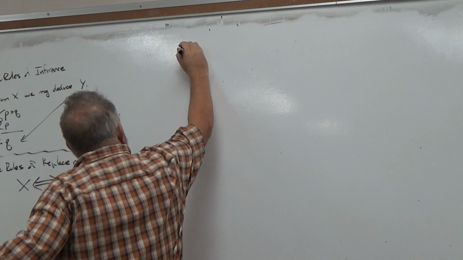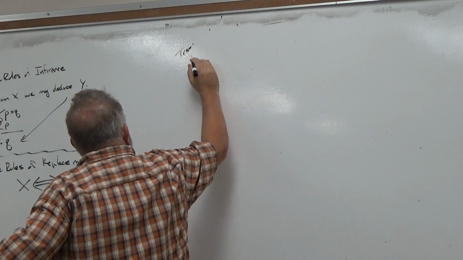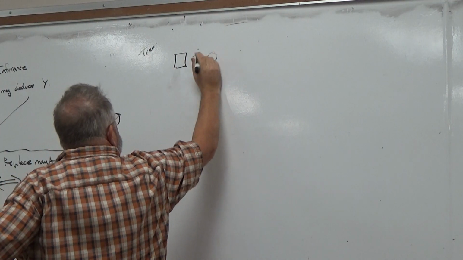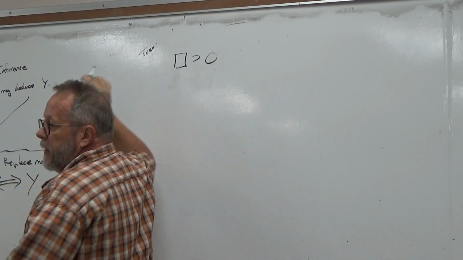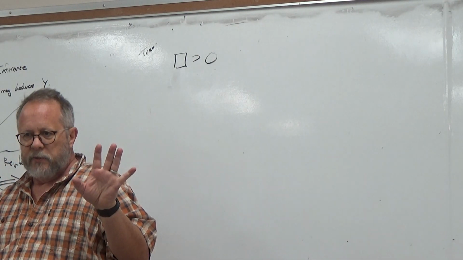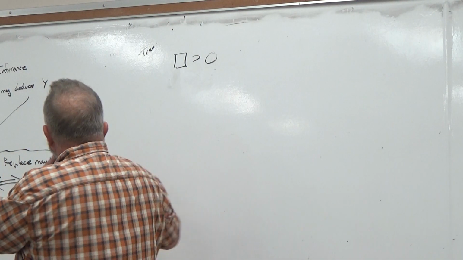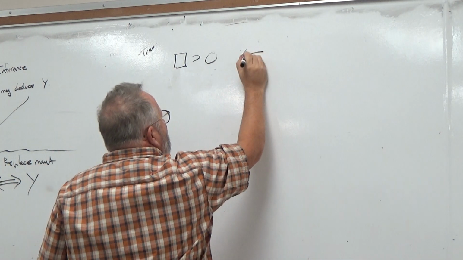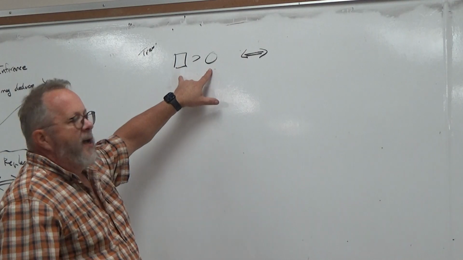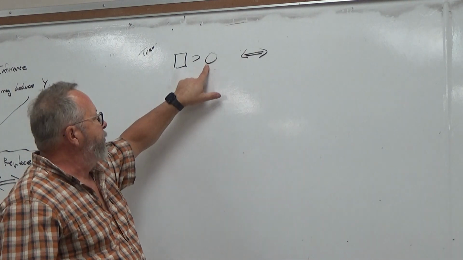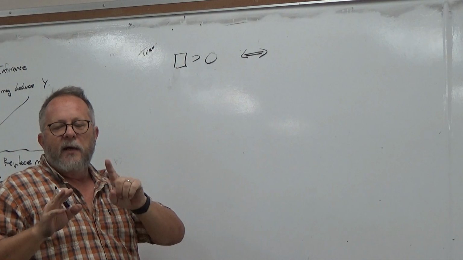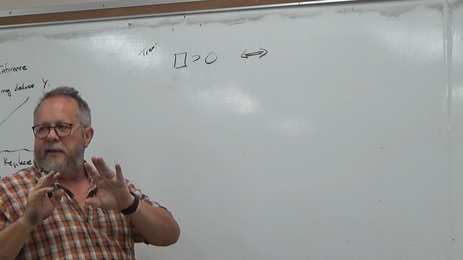The next one we have is transposition, and notice that the operator is a conditional, so this only applies to conditionals, okay? I can flip the antecedent and the consequent. Okay, I can move this to there and that to there, but in so doing, I have to negate them.